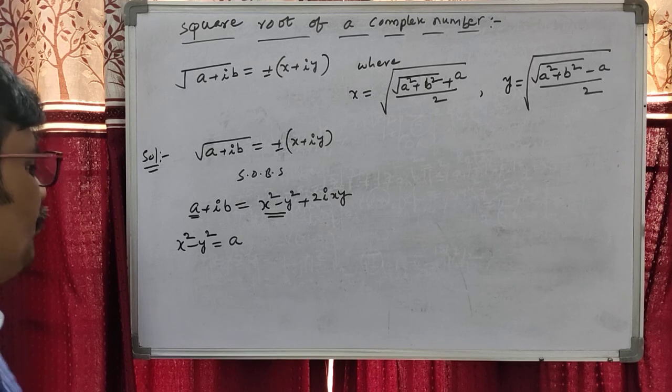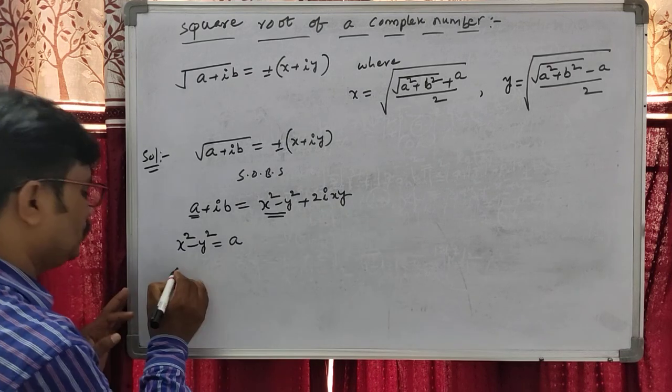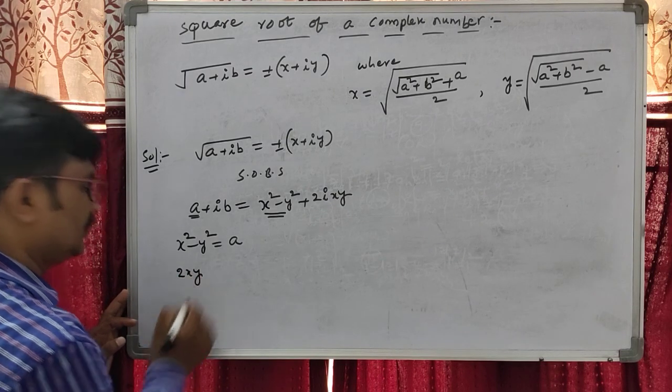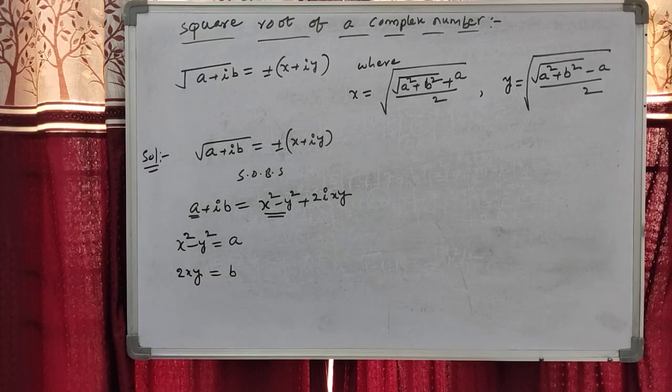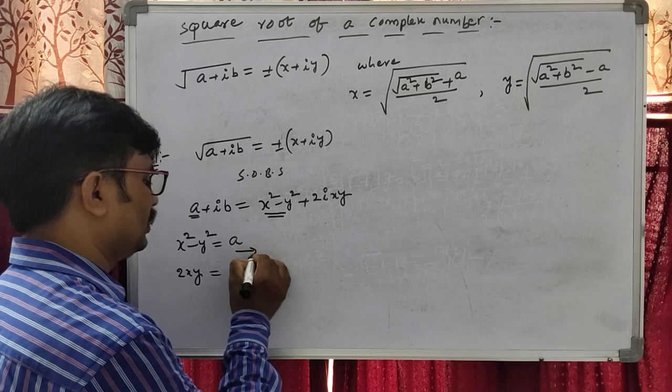The imaginary part is 2xy, that is b. So this will be equation 1.